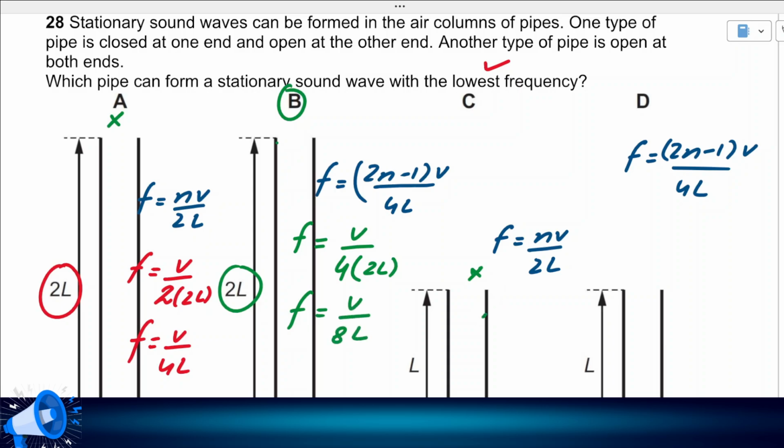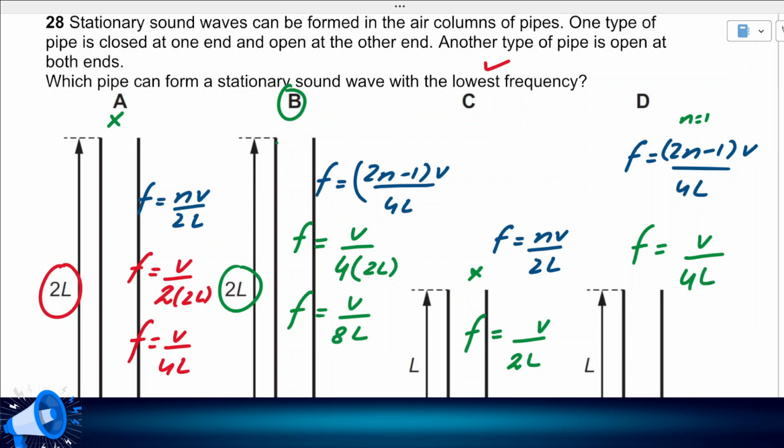Now for the third one, n is once again 1, because we have to find the lowest frequency, divided by 2, and length in this case is L. Now for the last one, we'll put n equals 1. So we'll be left with v at the top divided by 4, and the length in this case is L.